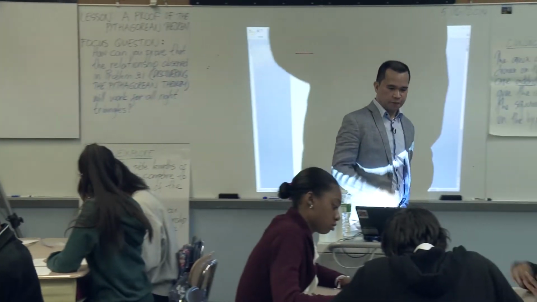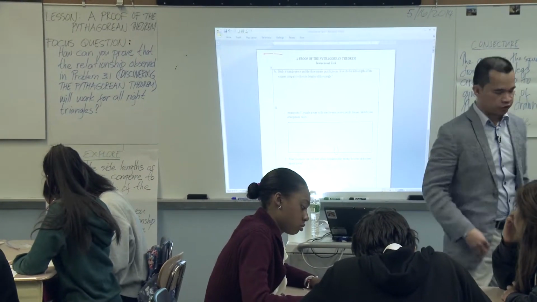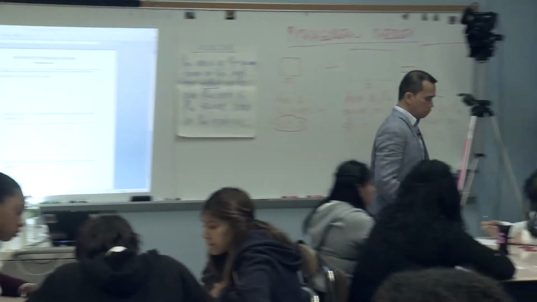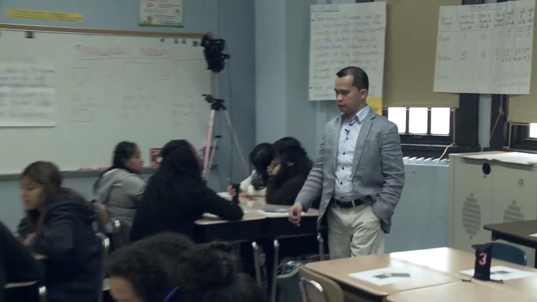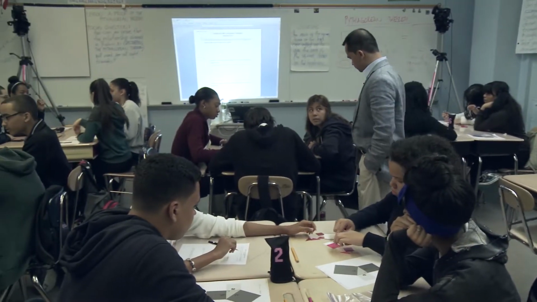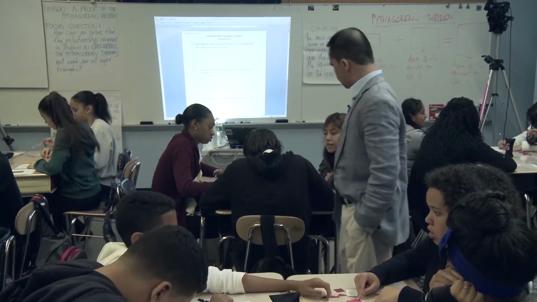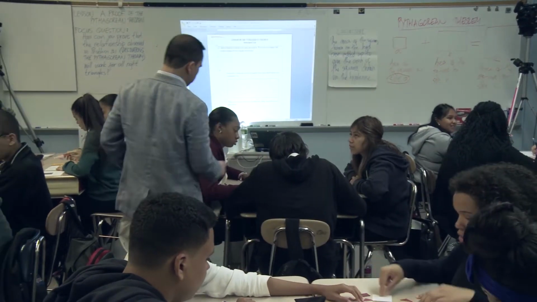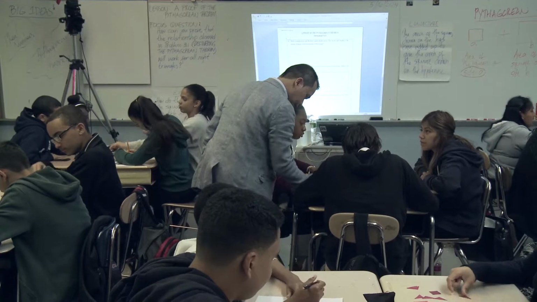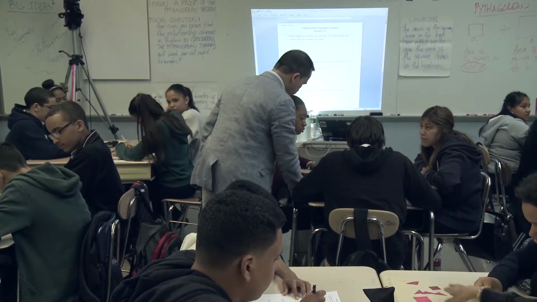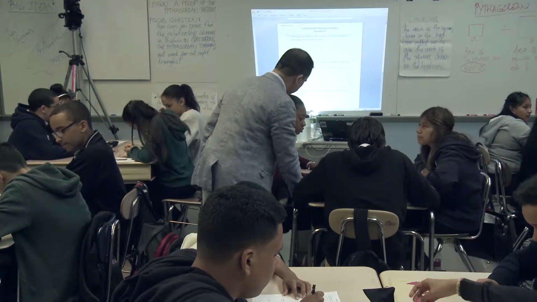So again, taskmaster, leader, you have to make sure that everybody in the group knows what he or she is doing. The single triangle. Okay. So you're working on A. So you know what you should be doing next.